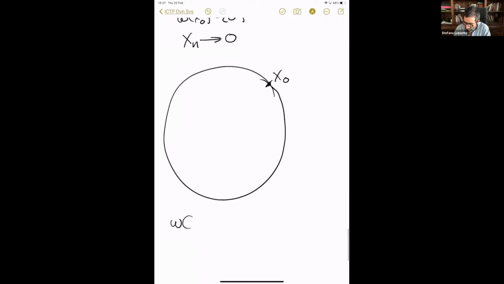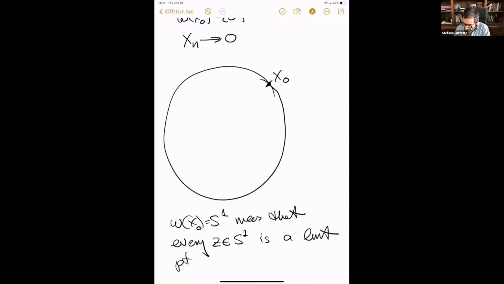To say that omega x naught equals S1 means that every point z in S1 is a limit point of the orbit. So now I take a point z here. What does it mean that it's a limit point? Every neighborhood intersects the orbit of x naught.